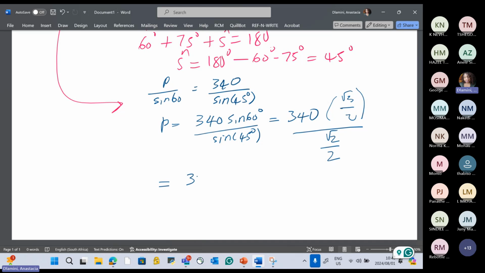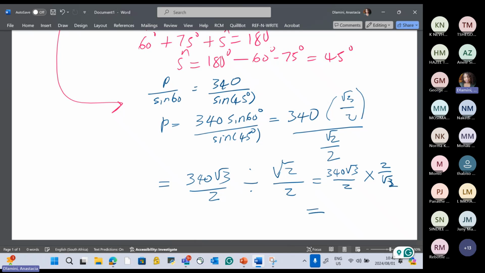So this is the same as 340 root 3 over 2 divided by root 2 over 2. So this one we can write as 340 root 3 over 2 times 2 over root 2.